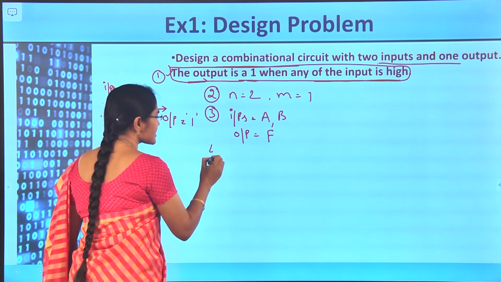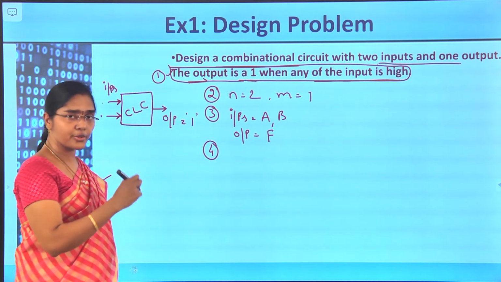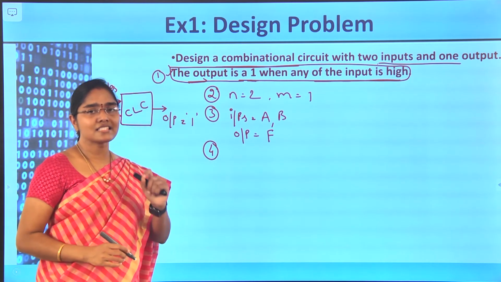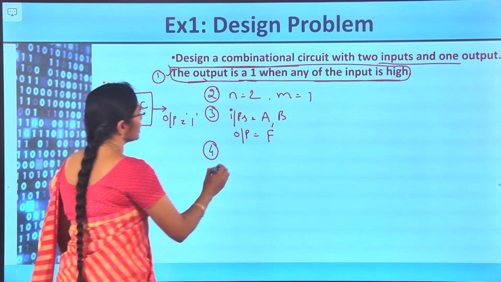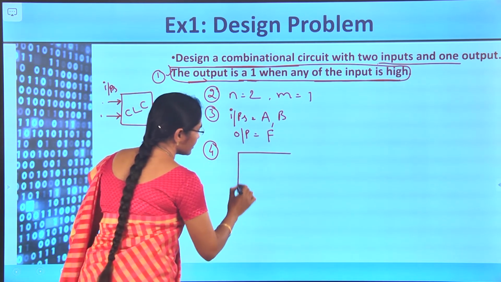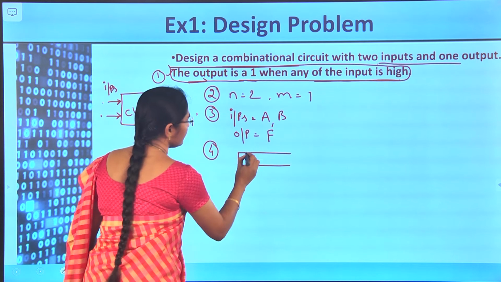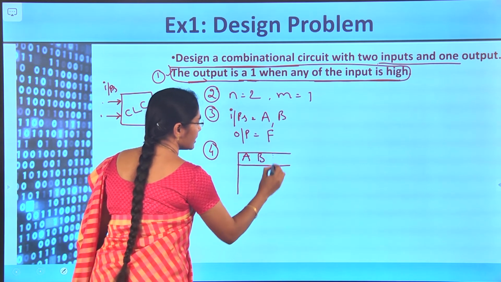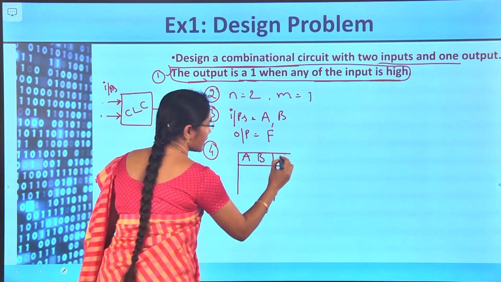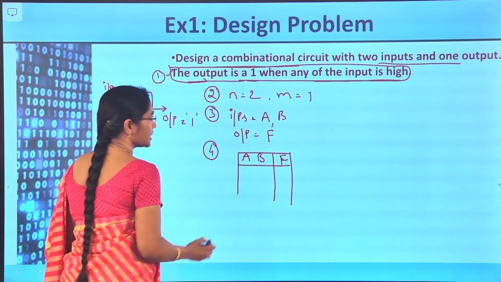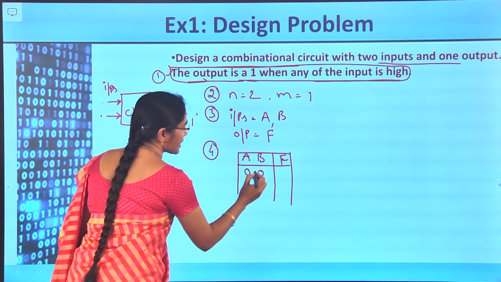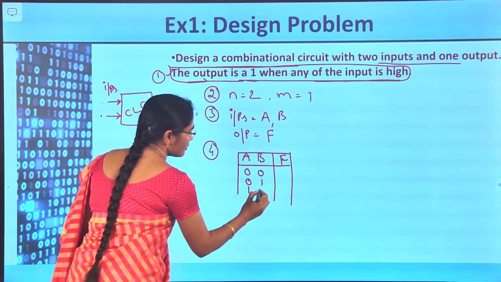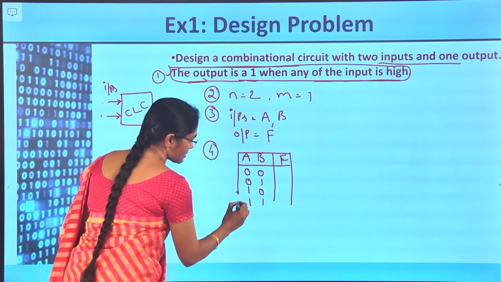What is the next step, the fourth step as per our procedure? That is to construct the truth table. In this truth table, represent inputs and output. Output is F. Since two inputs are there, four combinations of inputs are possible.